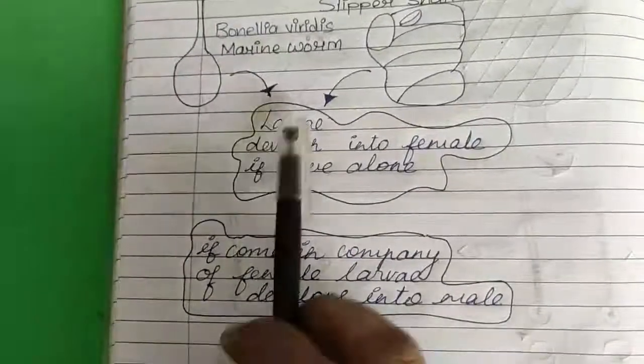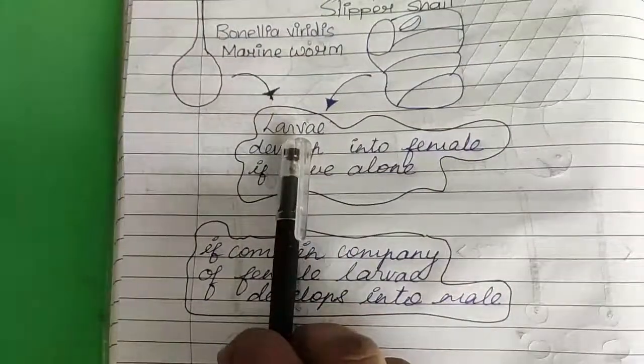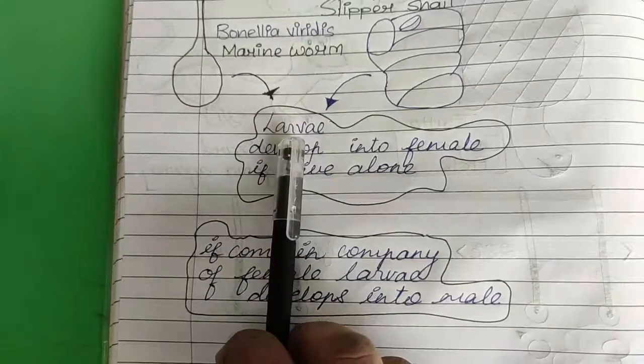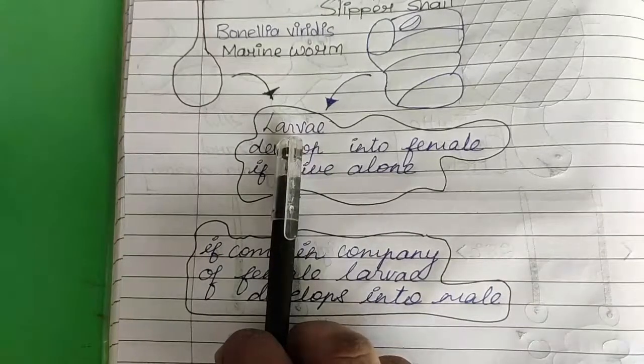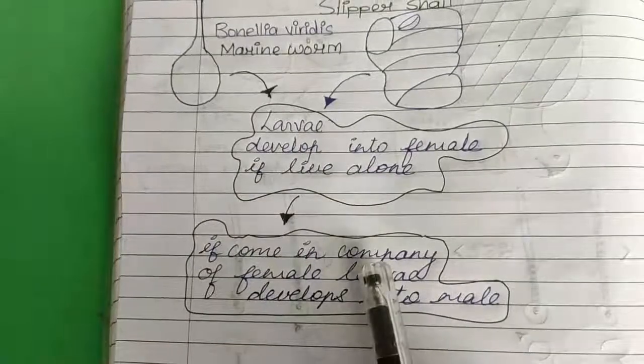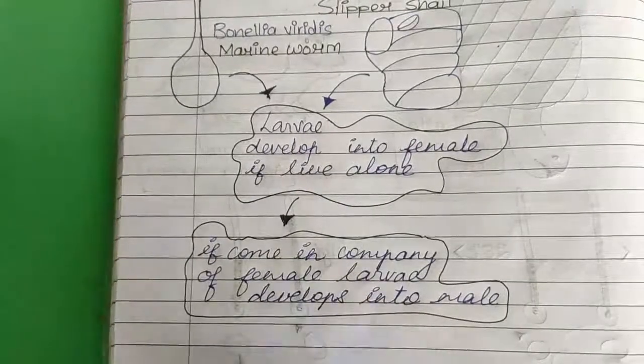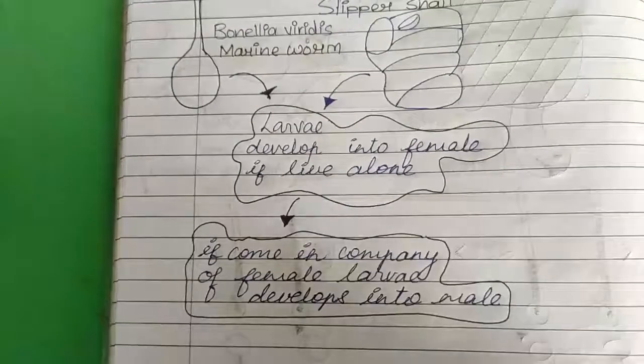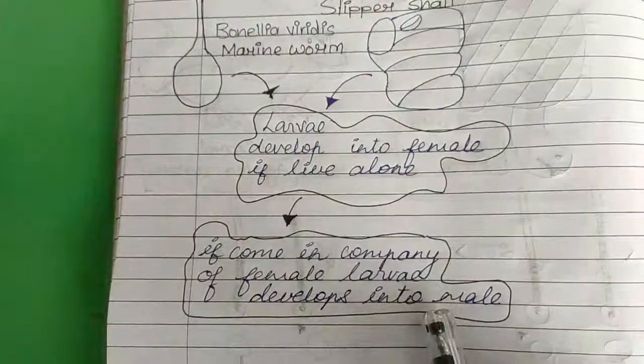So, if the larva is born without any contact with the same species, then it will remain as a female. But if that larva comes in the company of a female, then it will develop as a male.